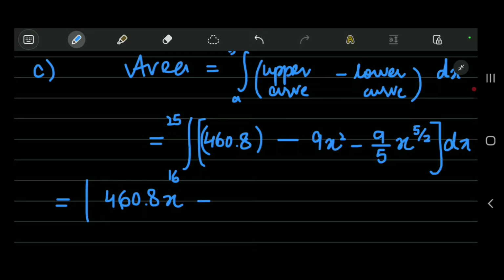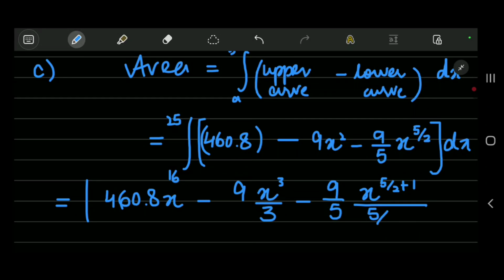The integral of x squared is x cubed over 3, as we have x^(n+1) over n+1. So 9 x cubed over 3, minus 9 over 5 as it is, x to the power 5 over 2 plus 1 over 5 over 2 plus 1, between the limits 16 to 25.